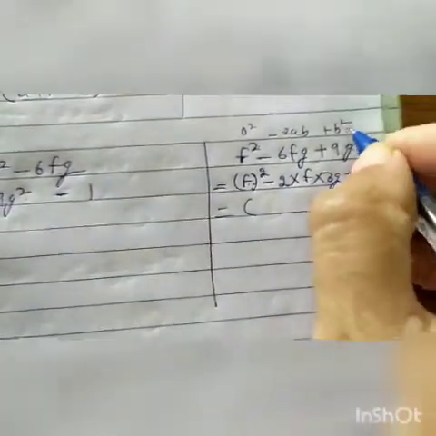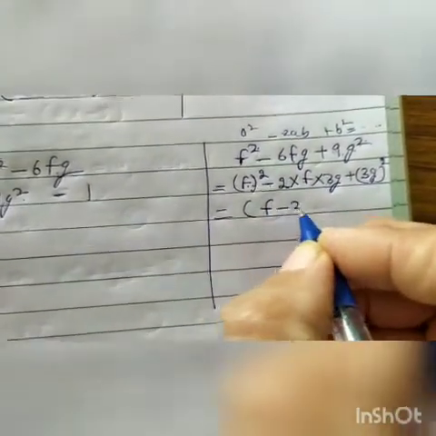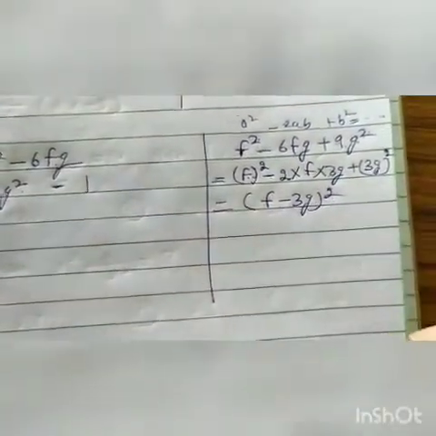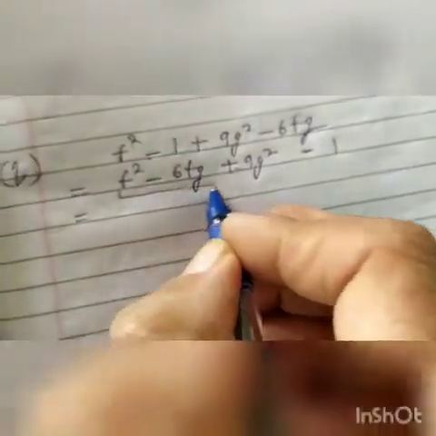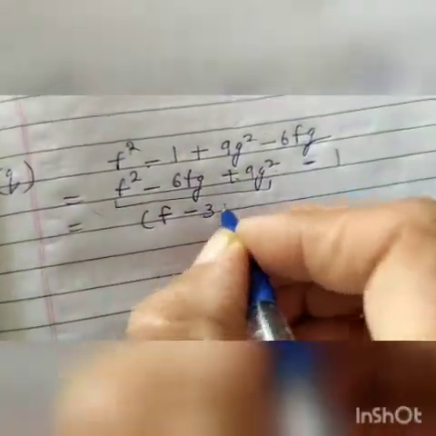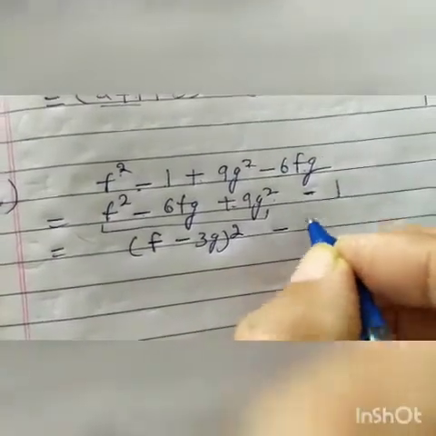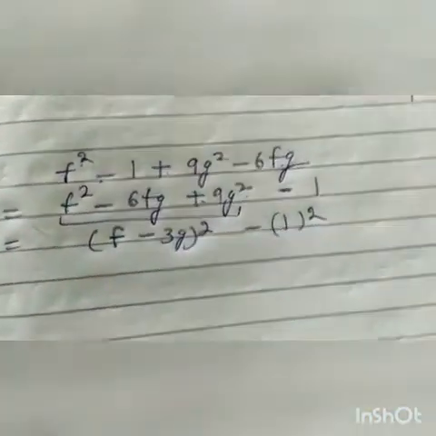So it is equal to A minus B whole square, which means F minus 3G whole square. So we can write these three terms as F minus 3G whole square, and this minus 1 will be written as minus 1 whole square.